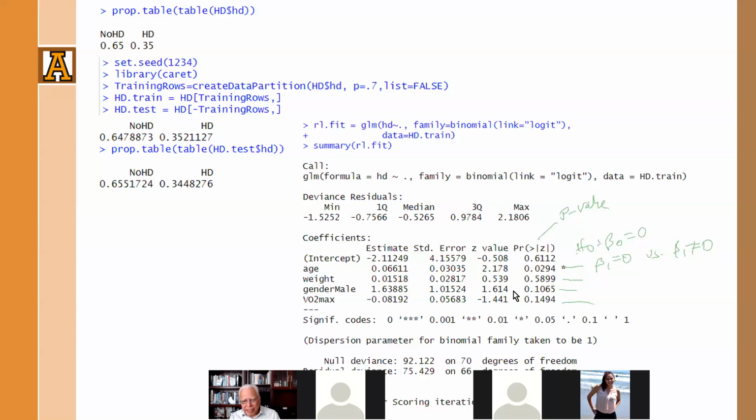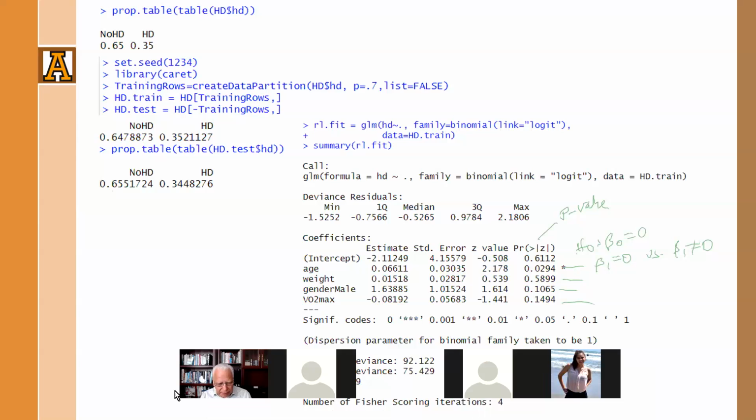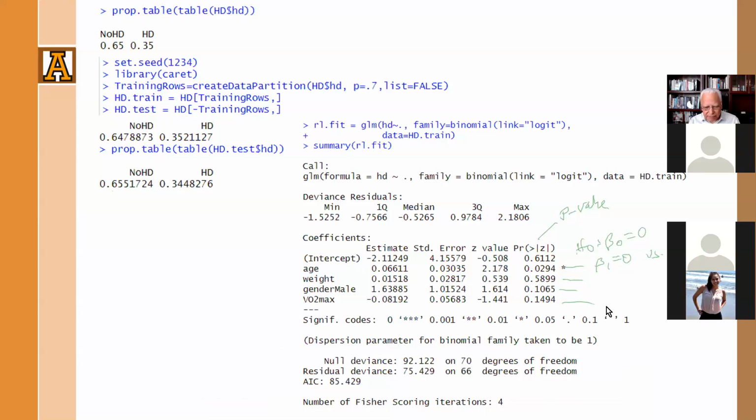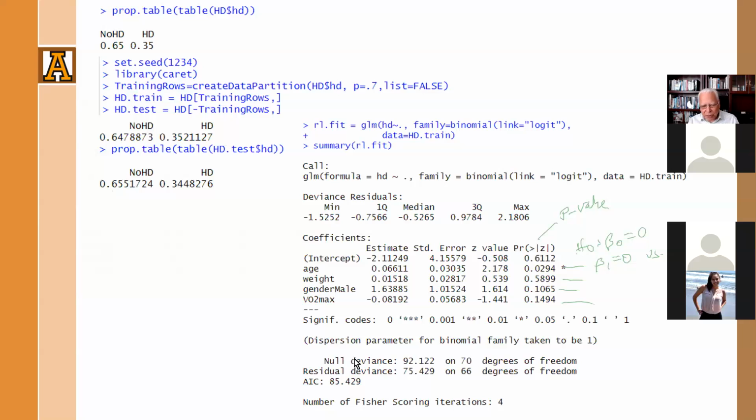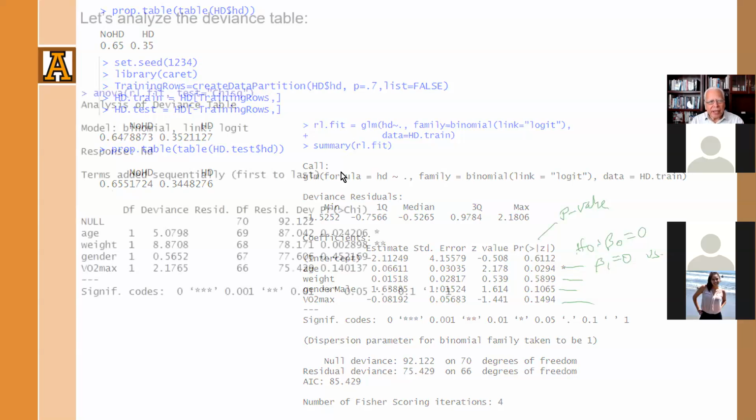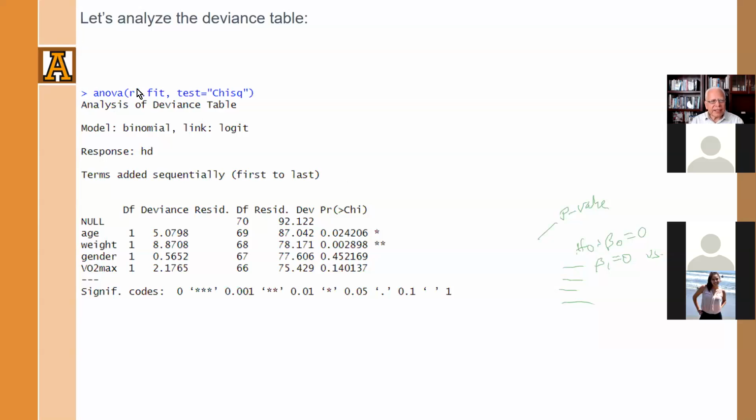Okay. Now let me take this chart here. I'll explain. There's something here called the null deviance and residual deviance. I'll explain that with the next analysis of variance. I'm going to run an analysis of variance for this logistic regression model.